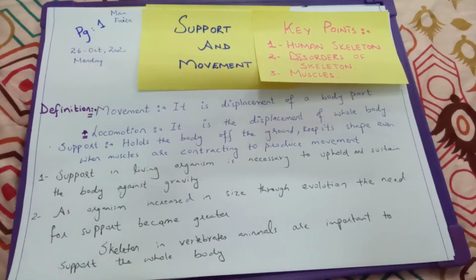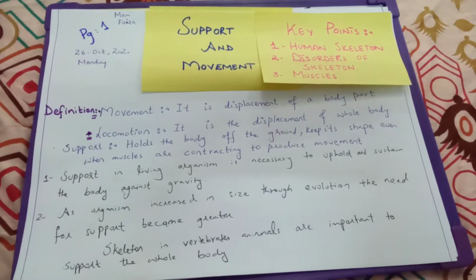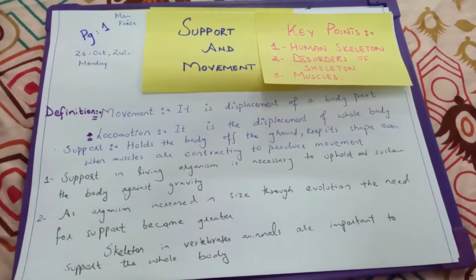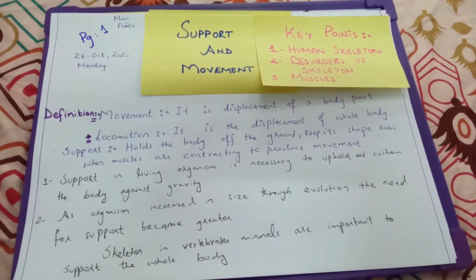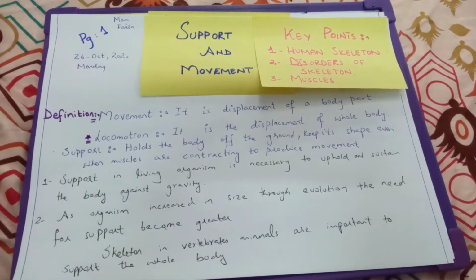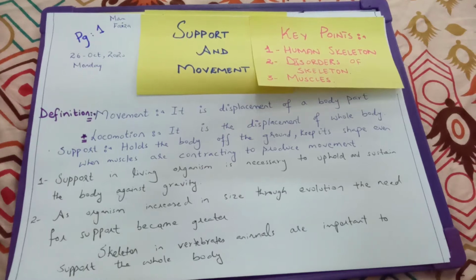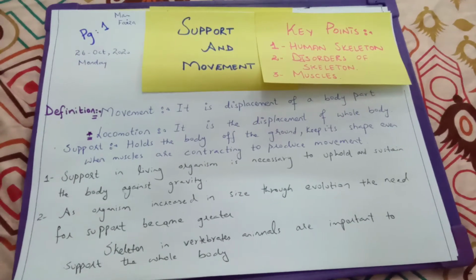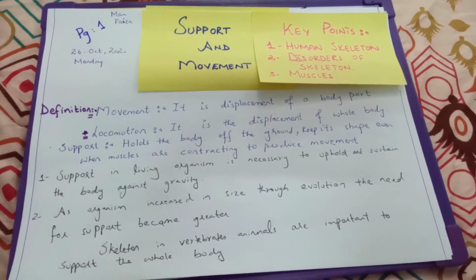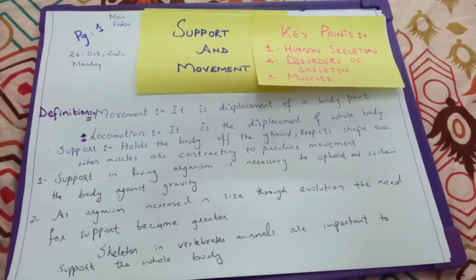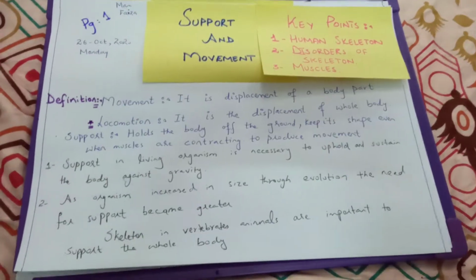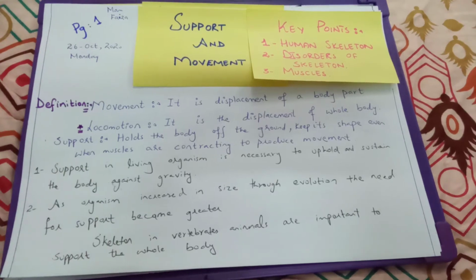In this chapter, we will study the cartilage and bones, which are types of connective tissues. We will study the types of connective tissues. And we will study the cells which are present in cartilage as well as in bones. The cells are very important. The structure of bone is very important.